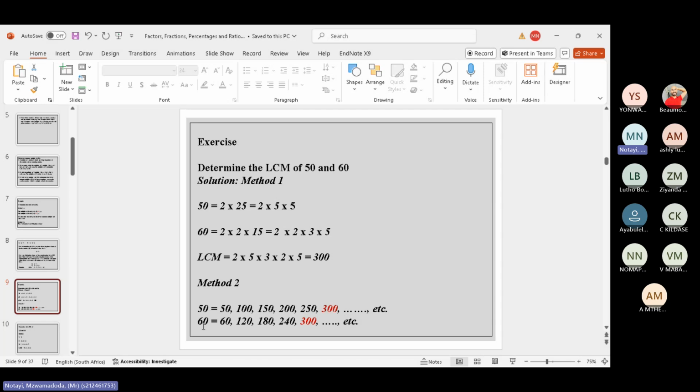Then the second number, 60 times 1 is 60, 60 times 2 is 120, 60 times 3 is 180, up to 60 times 5, where you get 300. You will see that as you list them, the lowest common multiple of the two numbers is 300, like we got in the first method.